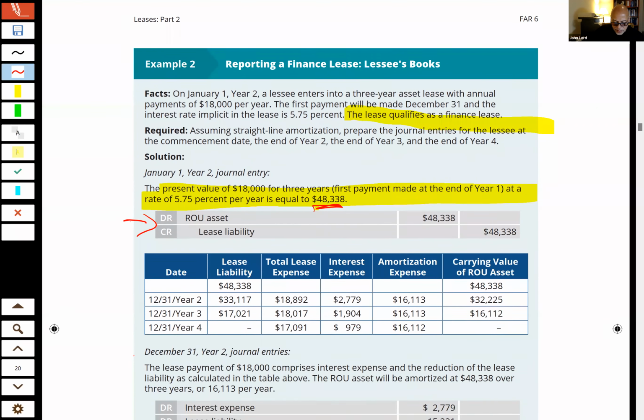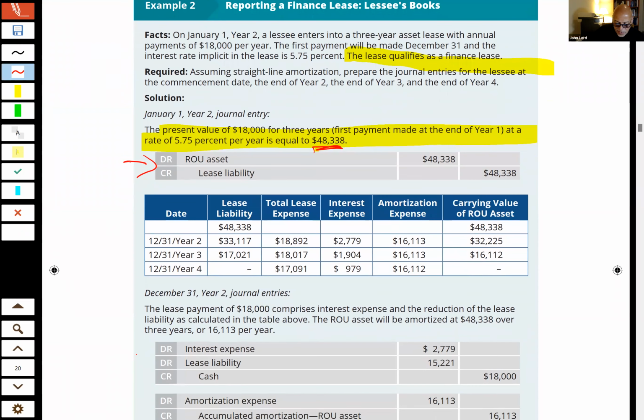Then I'm going to amortize it, and notice what I'm going to do. I'm going to take the total lease expense here, which is going to be the sum of the interest expense and the amortization expense. So the interest is going to be calculated by taking what?